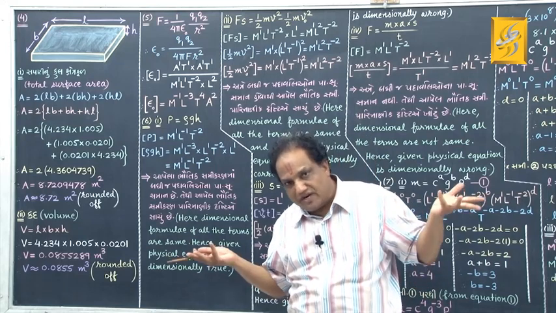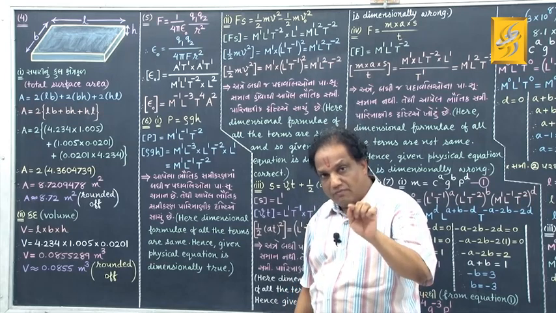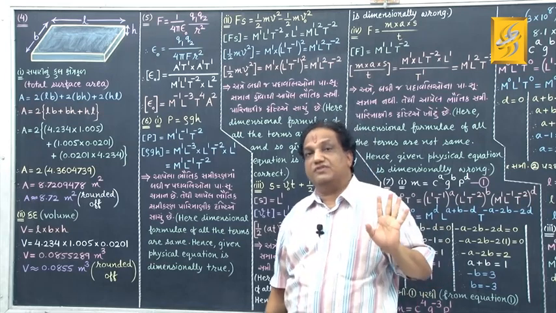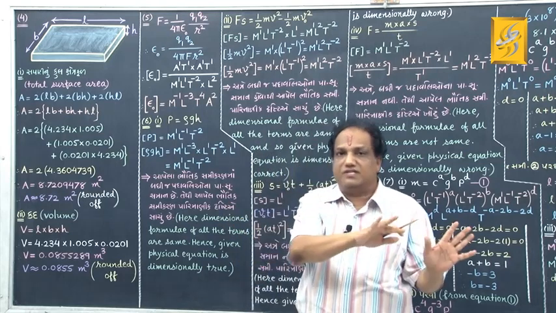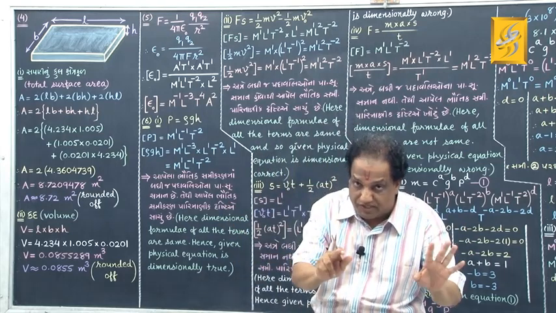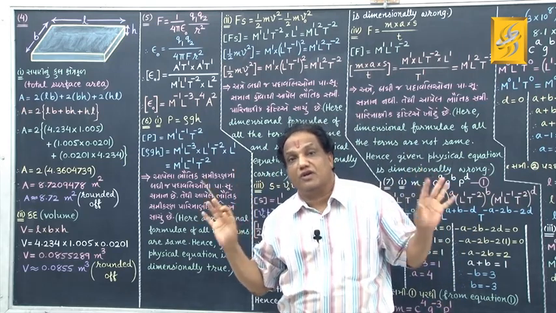That is what we have to find out. For that, you must count the total number of terms in a given physical equation, whether it is on left side or on right side.